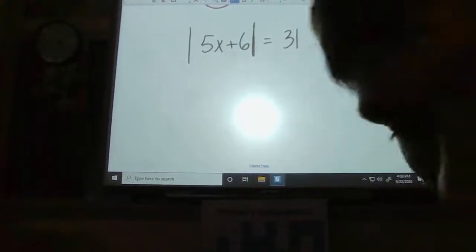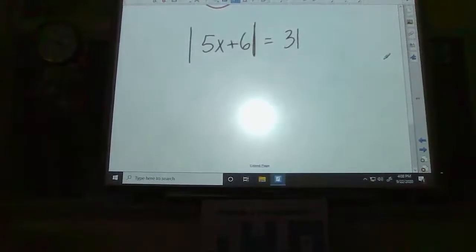So now this is where it starts to pick up a little bit, right? In the assignment today, I want to say number 14 or 15 is where it starts to look like this. We have an absolute value bar that has a bunch of stuff in it, right?